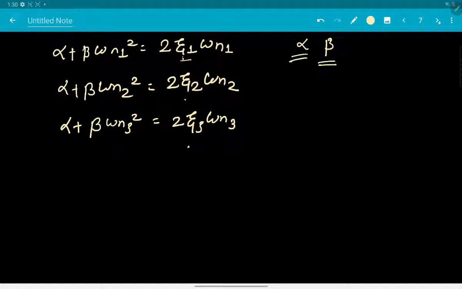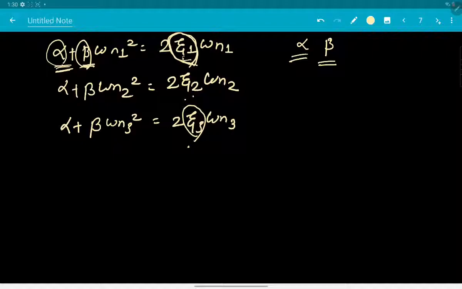What we do is we initially assume how much damping you want in the first mode shape, in the second mode shape or the third mode shape. But in this case you have only two unknowns to be determined. So you can specify how much damping is intended in mode number 1 and mode number 3, or mode 1 and mode 2, or mode 2 and mode 3.